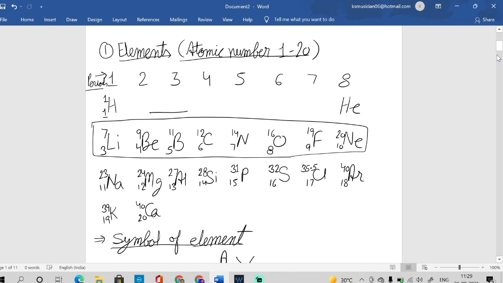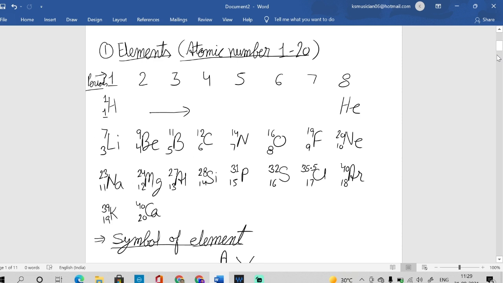It means when we go left to right or right to left, this whole horizontal row is known as a period. And if we move from top to bottom, these are called groups.